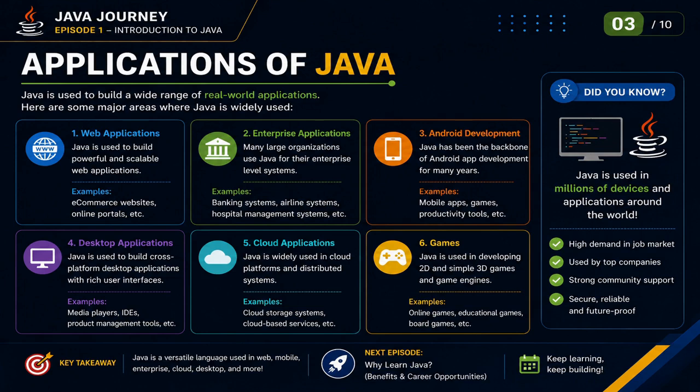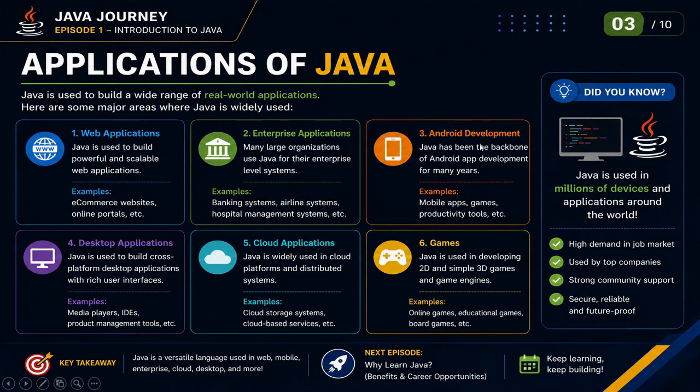Second, Java is widely used in enterprise applications. Enterprise applications are large software systems used by companies and organizations. For example, banking systems, hospital management systems, airline reservation systems, etc. Next, Java is also famous for Android development.